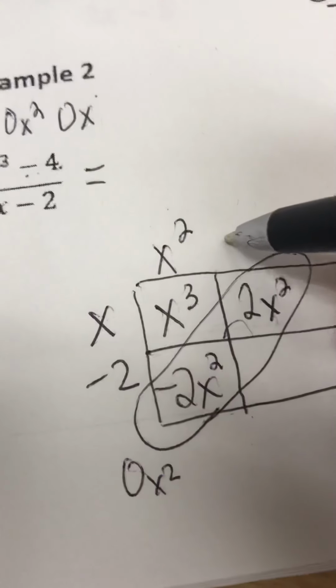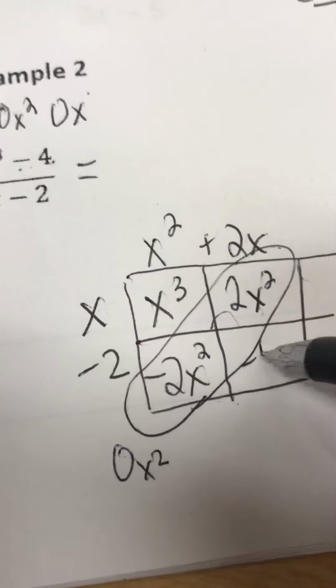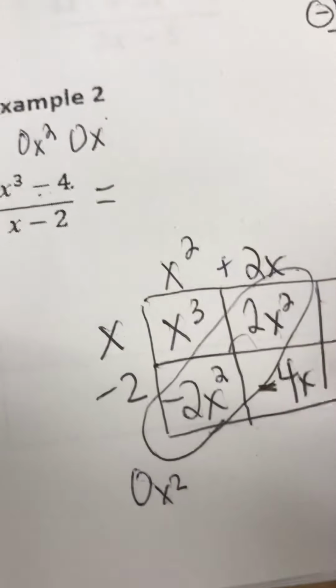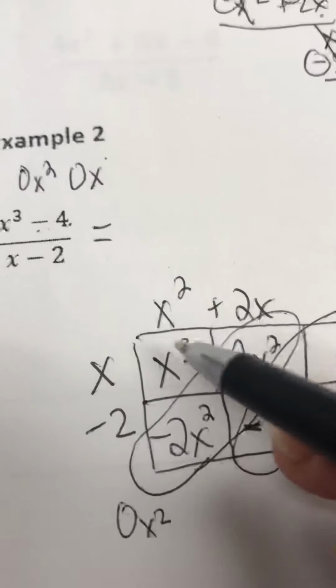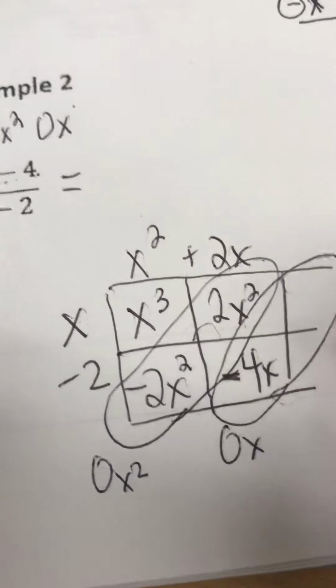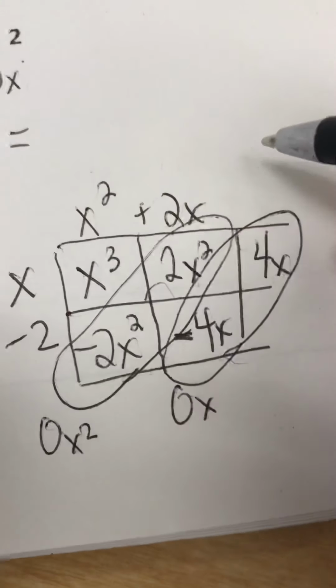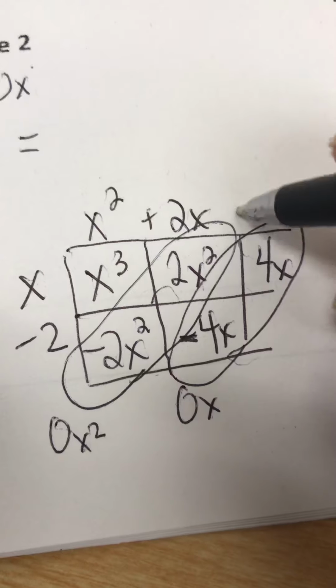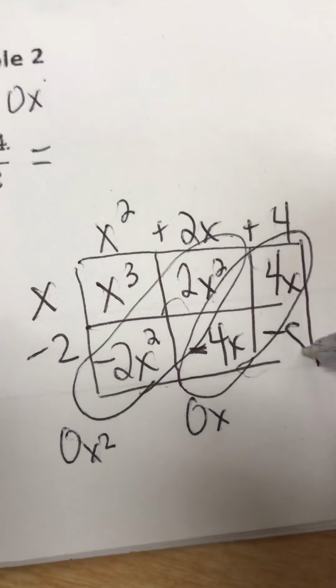So now divide again, positive 2x, multiply down, negative 4x. Again, the next diagonal should equal that next term, which is 0x, so this is going to add the opposite. Divide in, and we're going to get a positive 4. That's going to give me a negative 8.